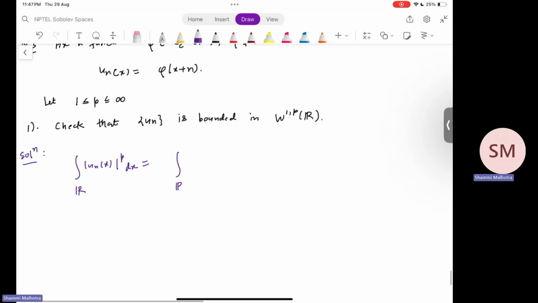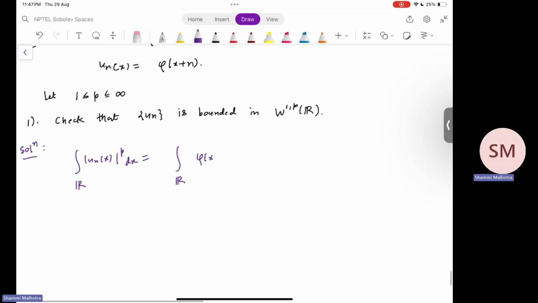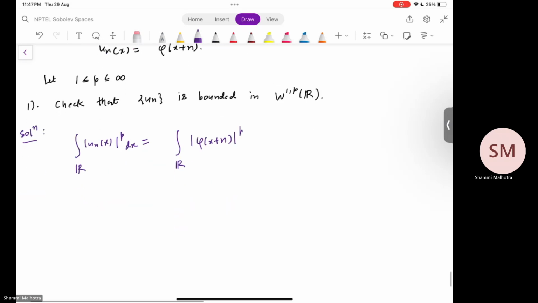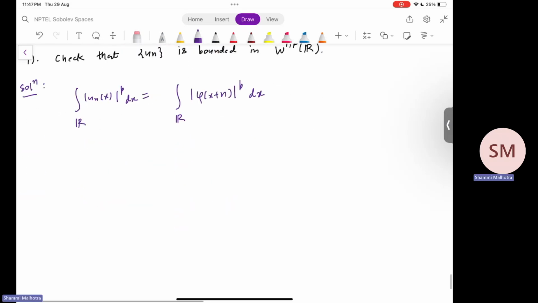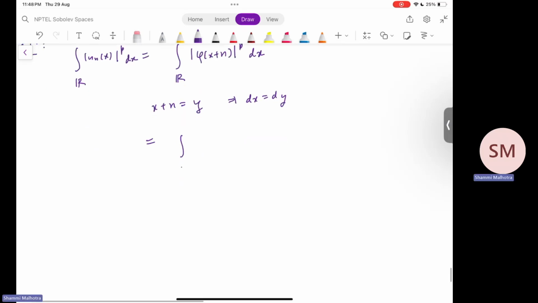This is just the integral over the whole of R of |u_n(x)|^p, which is nothing but |phi(x plus n)|^p dx. Now if you use the transformation x plus n equal to y, this gives dx equal to dy, and since R is translation invariant, the transformation again maps onto the same region R. So this is the integral of |phi(y)|^p dy, which is the p norm of phi.